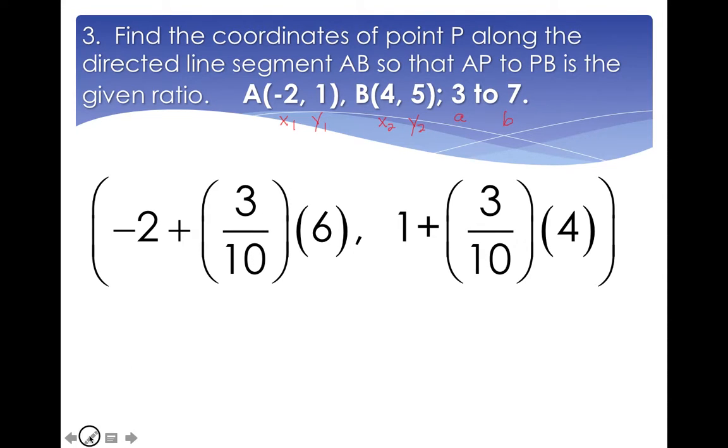So what I'll do is I'll actually write the formula right below it. So it's x1 plus a over a plus b times x2 minus x1, okay? Excuse me, x2 minus x1, I'm sorry.